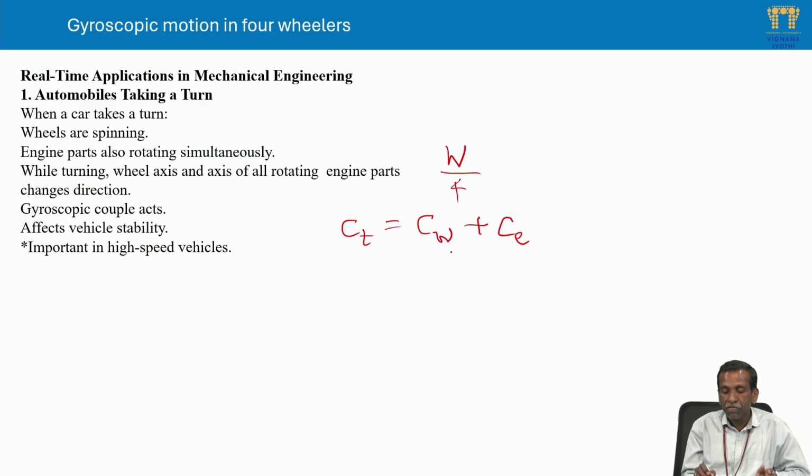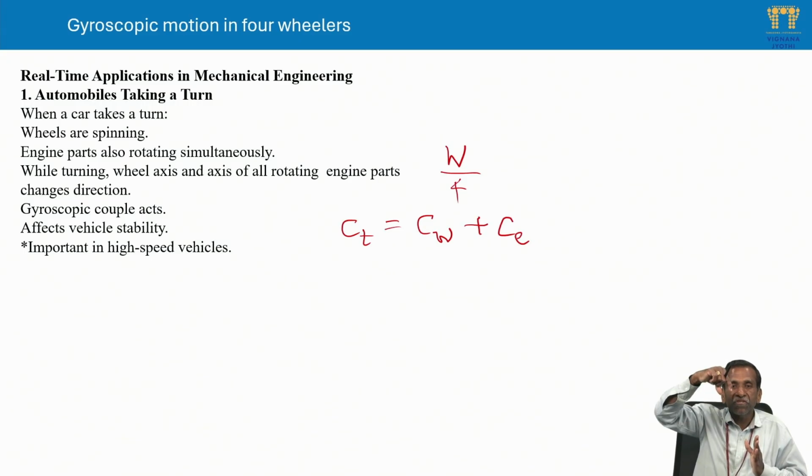So there is gyroscopic action because of the wheels spinning, and gyroscopic action because of the engine parts, which are already rotating. The axis of those parts is going to rotate because of precession. Because of this externally applied angular motion, there will be a gyroscopic couple about the perpendicular third axis, let us say the y axis.